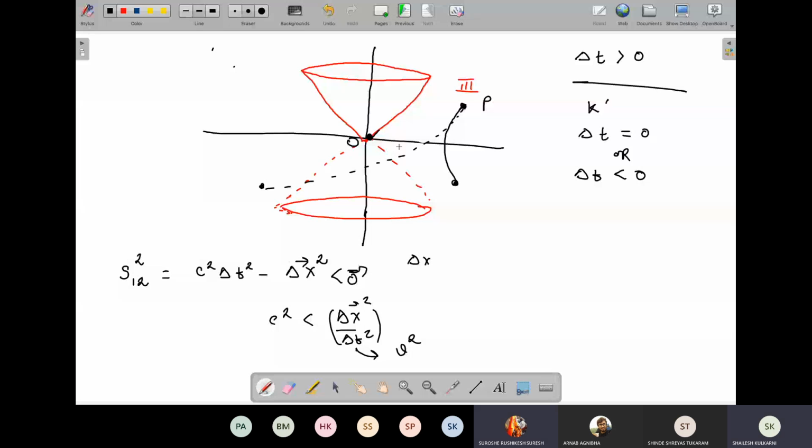If we had any particle in this region 3, then its velocity is always greater than c. This is what it means. We are not making any statement about whether it is physical. If a particle has velocity greater than c, then only it can travel through the past, but we are not making any statement about that.